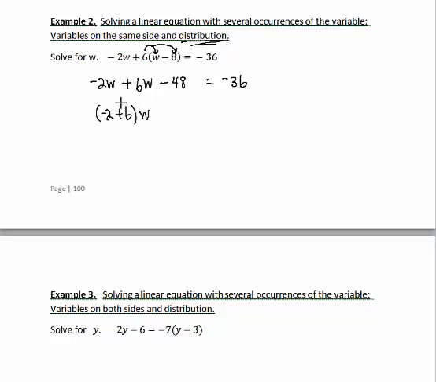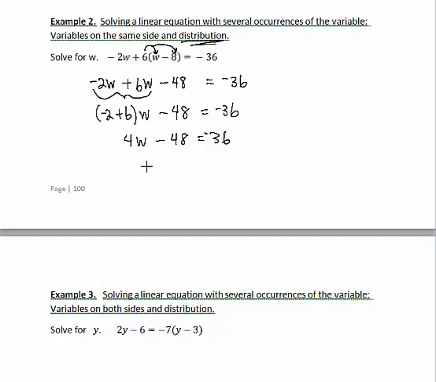Just to combine like terms. We are combining these into one term. We'll bring down the -48, bring down the -36, and this just turns out to be a 4w minus 48 equals a -36.